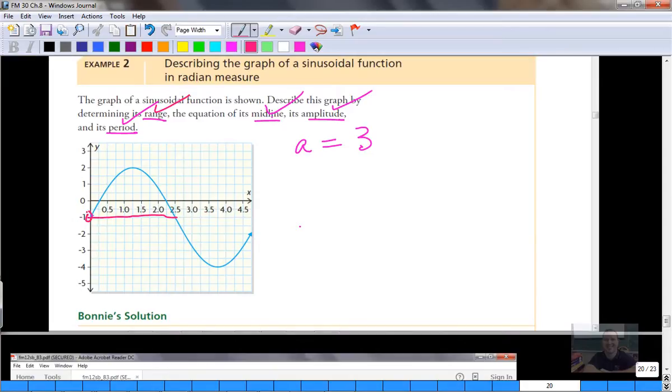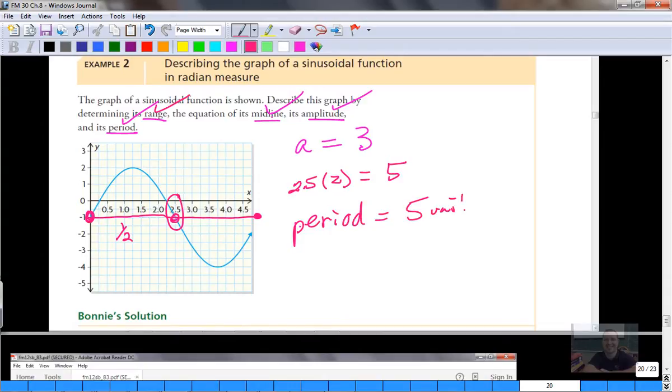And you know that from here to here is exactly 1/2 of a cycle. That is 1/2 of the cycle, see, along the midline. So we know that it would actually be going to about there is the full cycle. So this is 2.5. And so 2.5 times 2 is your period. So the period is 5 units.